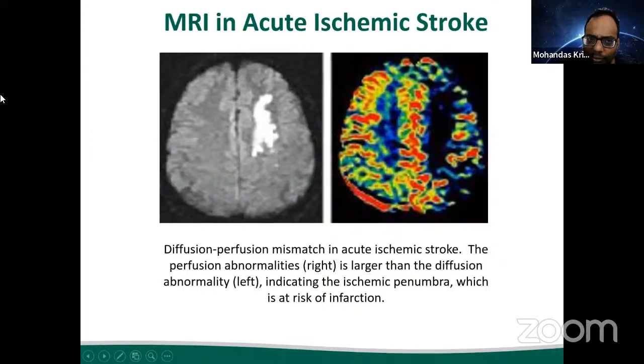Now you will see acute ischemic stroke is larger than diffuse hemorrhage. So here you can see the infarct.